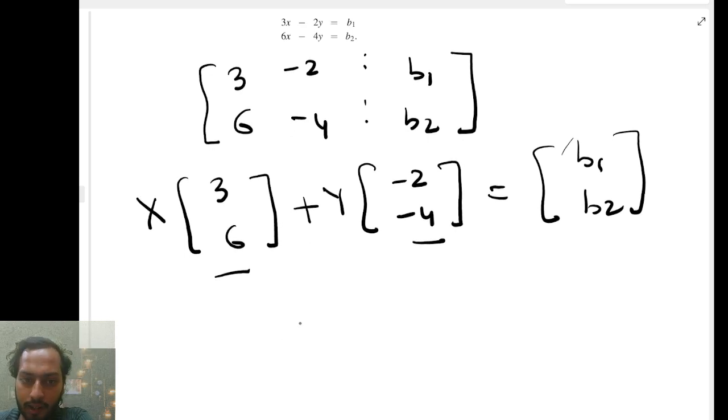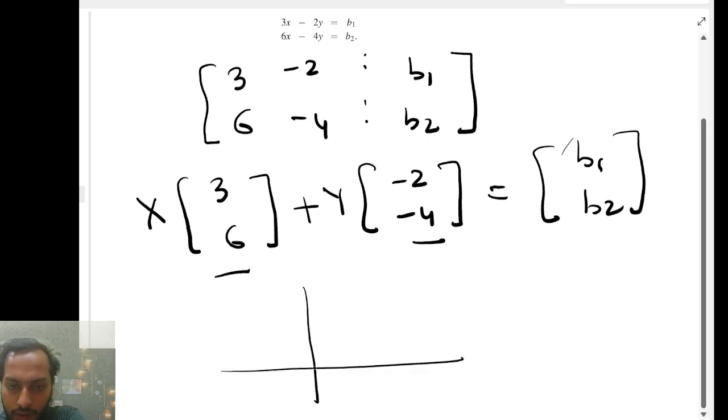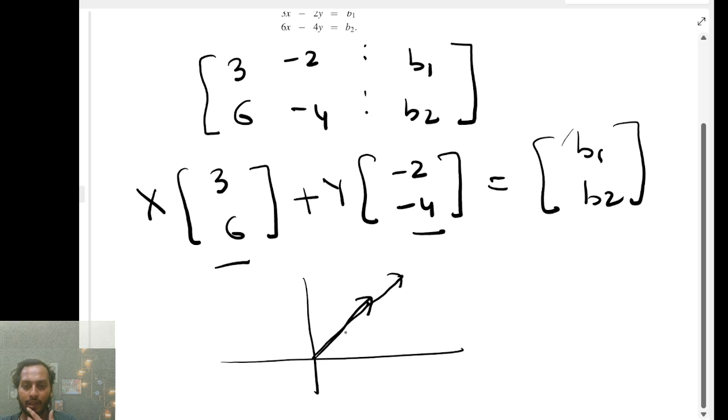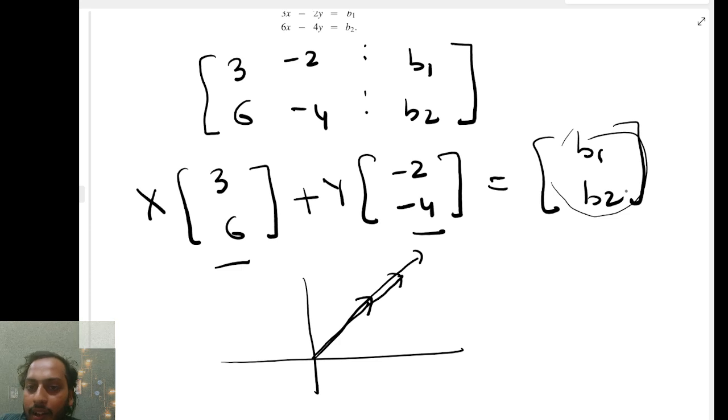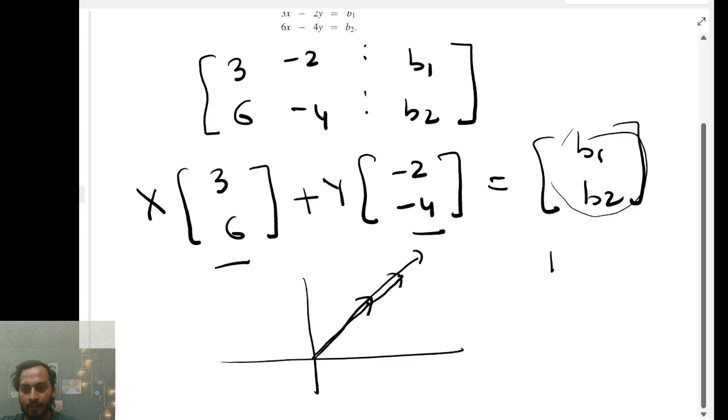Because if you take a linear combination of these two vectors which lie on the same line, all the linear combinations would also lie on the same line. So if this is also on the same line, then I can do the right combination and I can reach there. And that happens when the vector b1, b2 also lies on the same line, when the ratio b1 over b2 is the same as the ratio of this, or I can say when the ratio is 1 by 2, right?